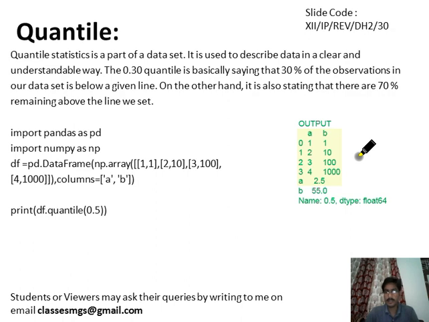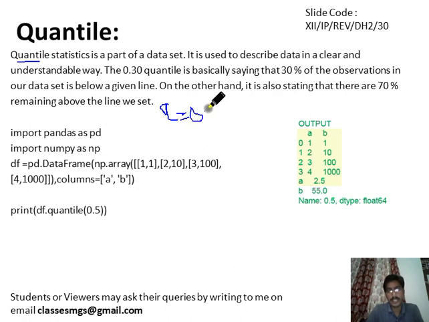Okay, now we will come to the quantile. What is quantile? Quantile is dividing the data set into n parts. Let's suppose a data set has the quantile as 0.3.